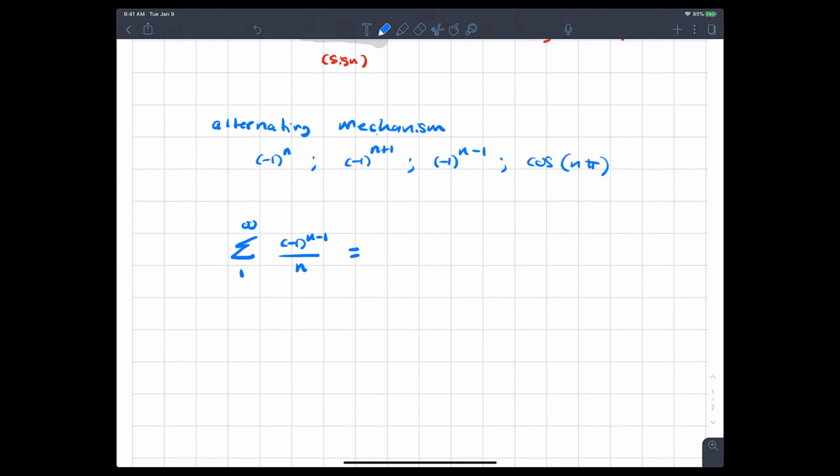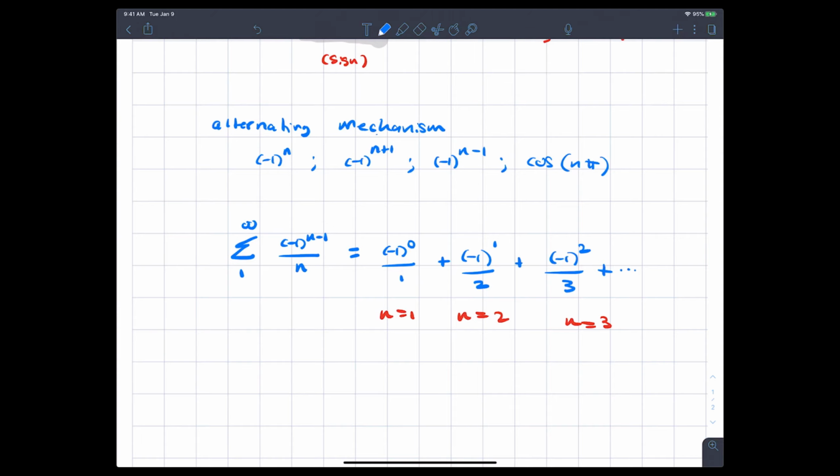You have negative 1 to the 0 over 1, plus negative 1 to the first power over 2 when n is 2, plus negative 1 squared over 3 when n is 3, and then this goes on forever.